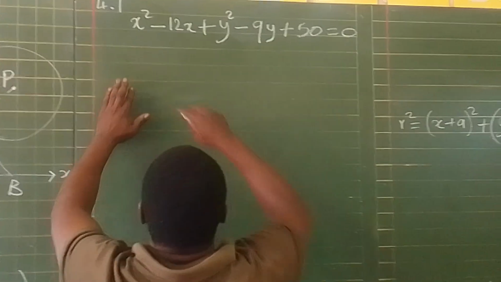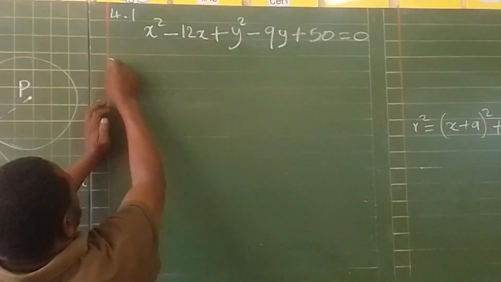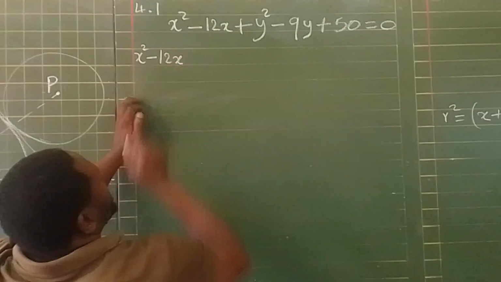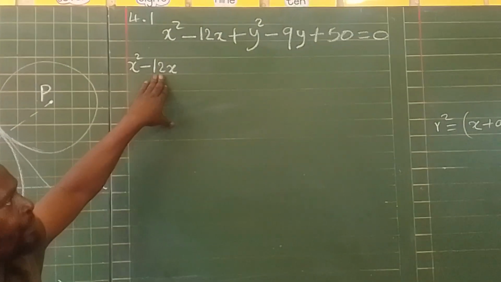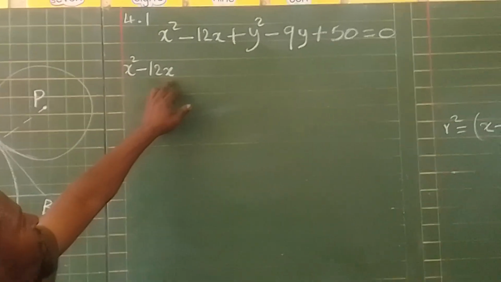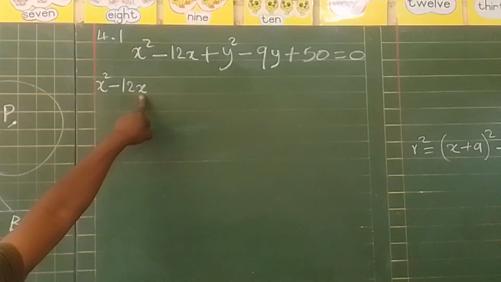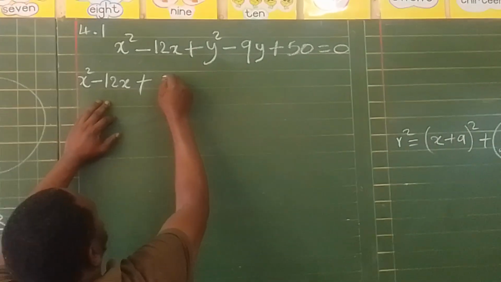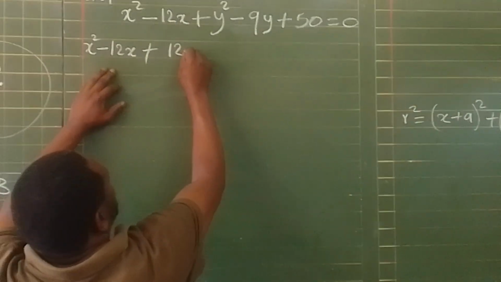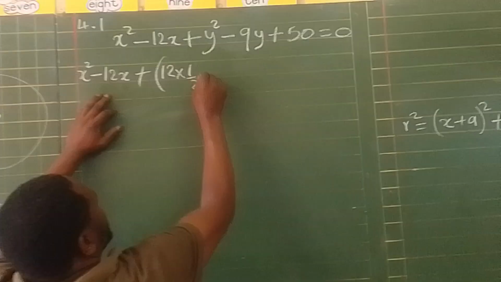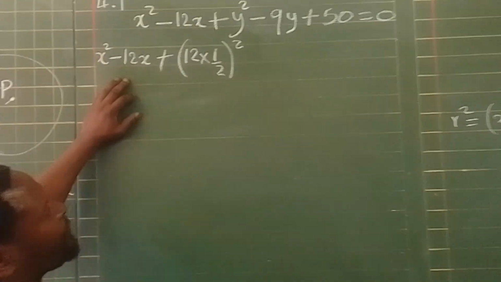So you start by saying x squared minus 12x. You stop there. When completing the square, you take the coefficient of x, multiply it by half, and square it.